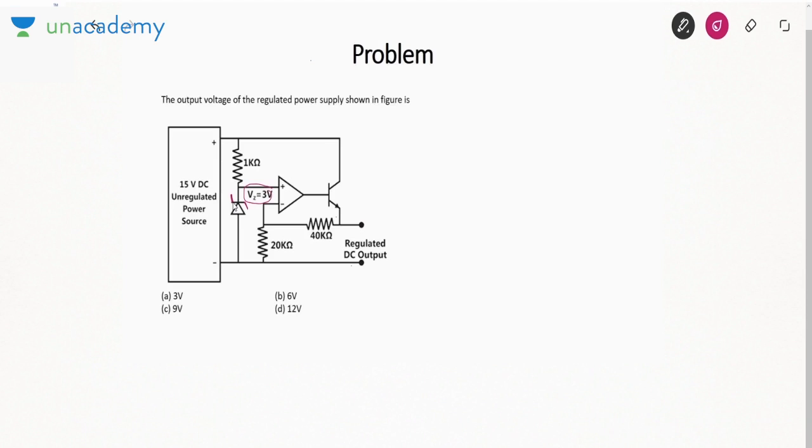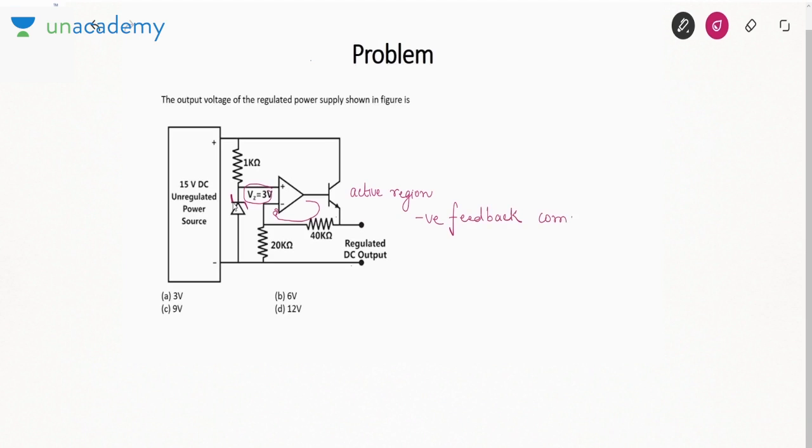Now see, this BJT in a power supply is always biased in the active region. If it is biased in the active region, then we basically have negative feedback.